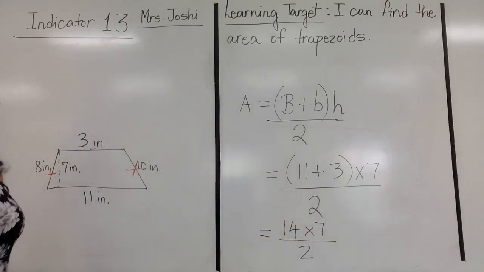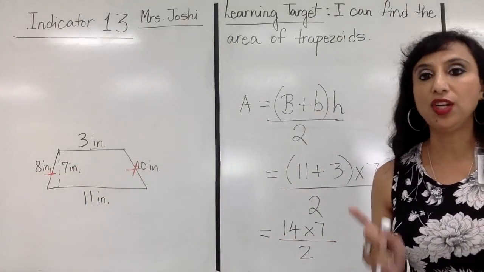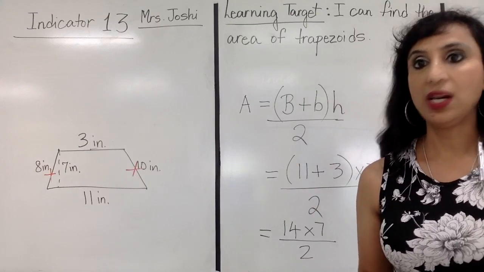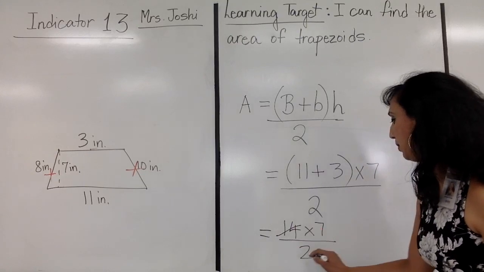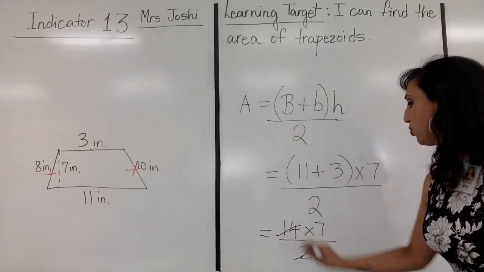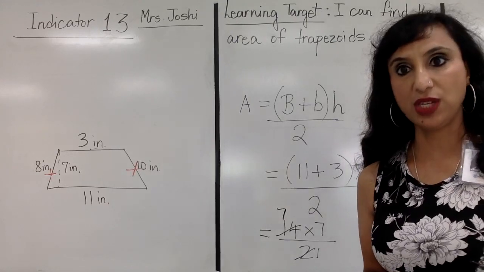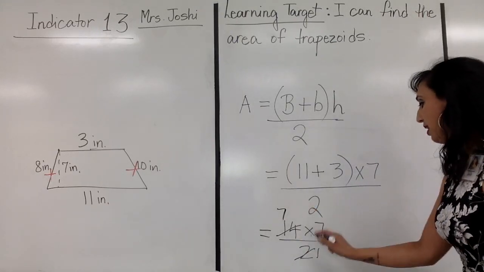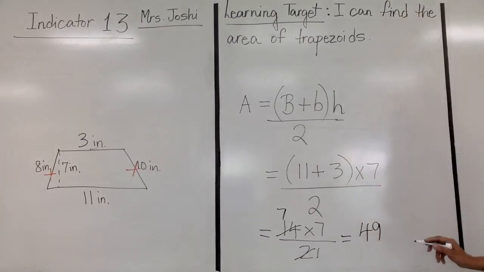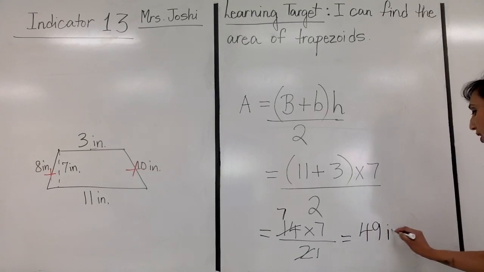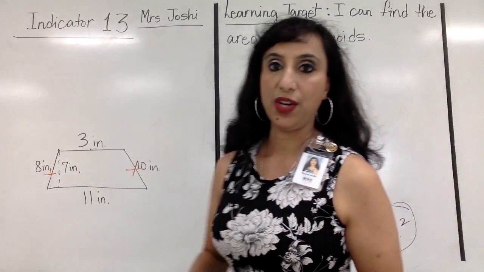Now remember fractions: anything from the numerator to the denominator can be simplified. So I know that 14 is divisible by 2. 2 divided by 2 is 1, 14 divided by 2 is 7, because 7 times 2 is 14. And so now I'm left with just 7 times 7. So the area of this trapezoid is 49 inches squared as the final answer.